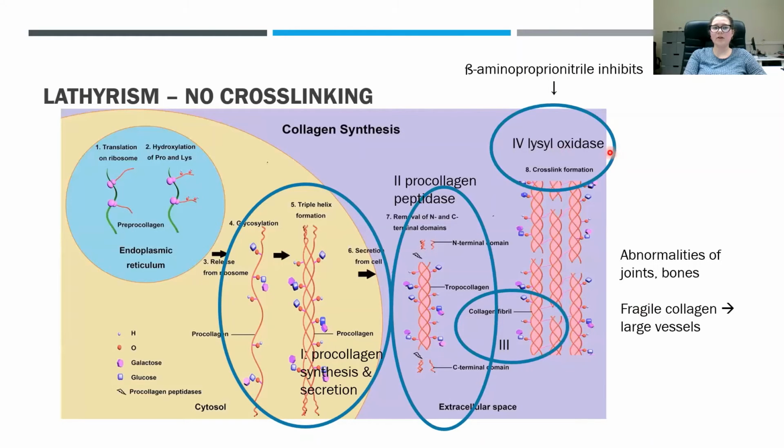There is also another type when we have inhibited lysyl oxidase, and this is called lathyrism. Beta-aminopropionitrile is in the food of cows or cattle, something like that.